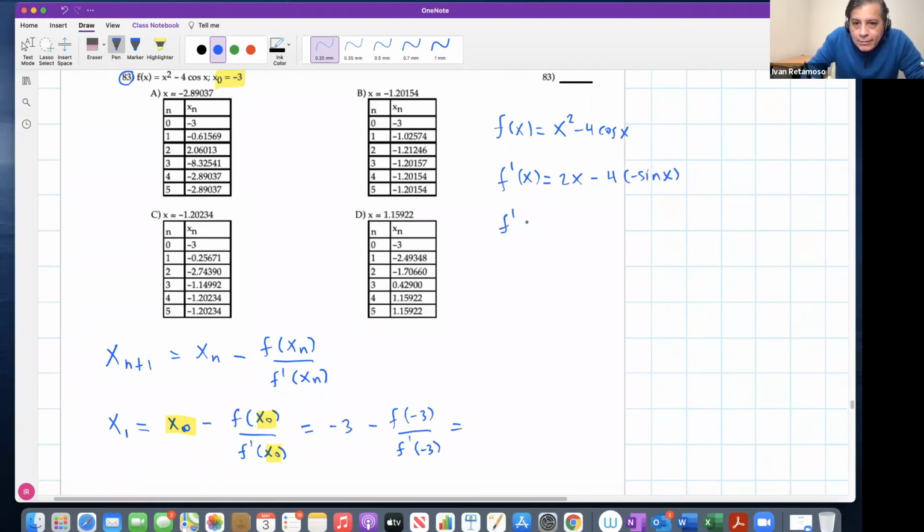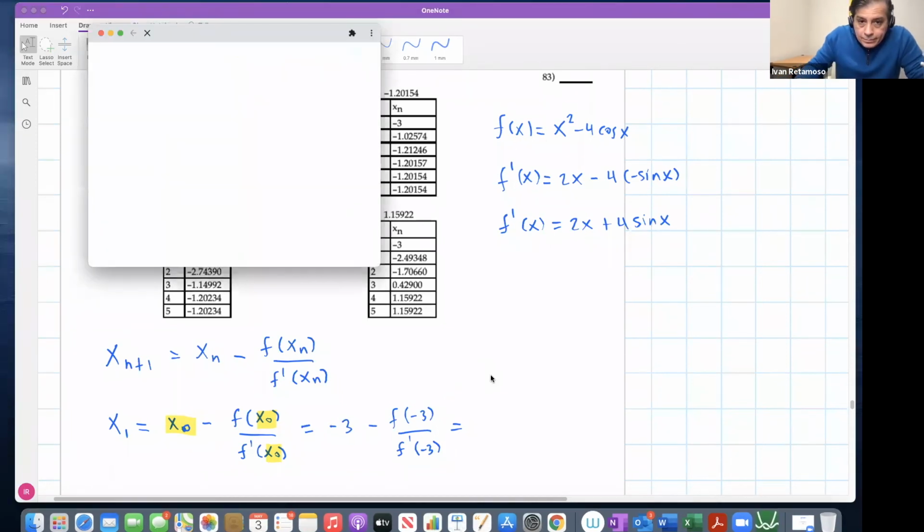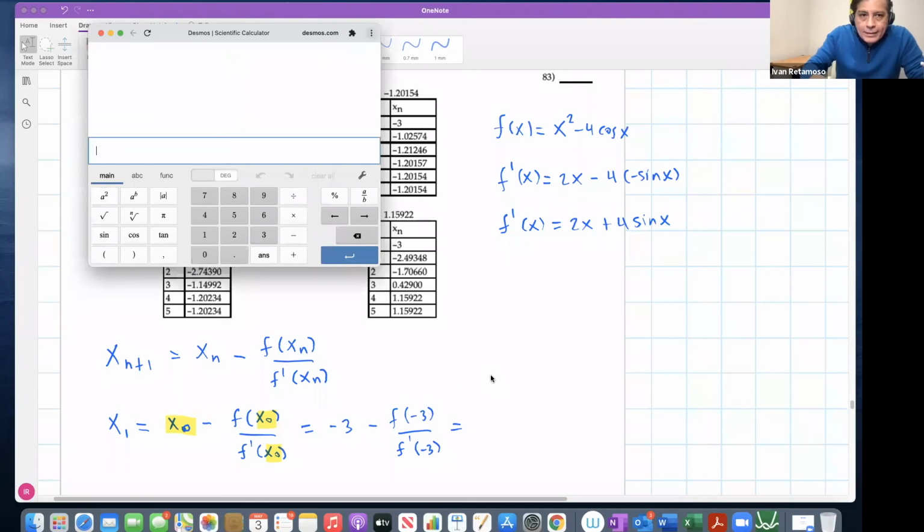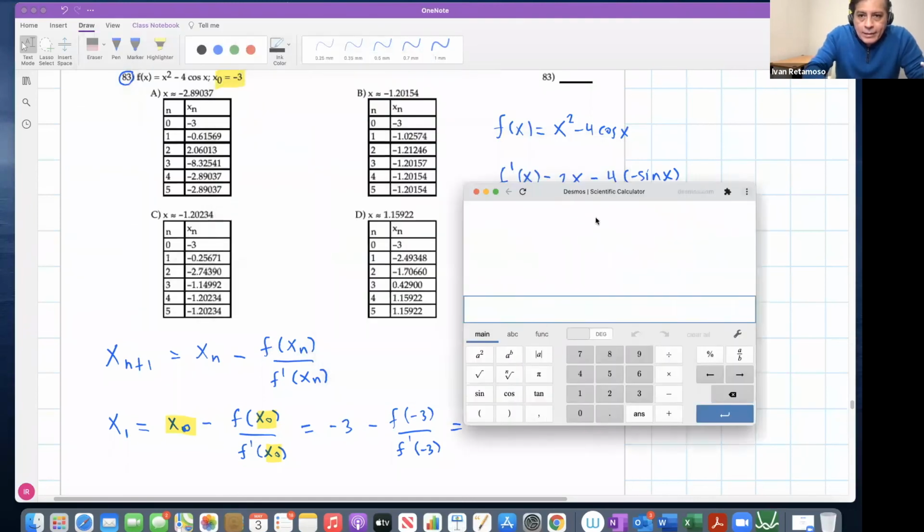Simplifying this derivative, I get twice x plus 4 sine of x, right? We're going to use this f of x and this f prime of x, right here and here. So how do you use that? Well, if you go to your scientific calculator, what you're going to get is this in your scientific calculator, right?